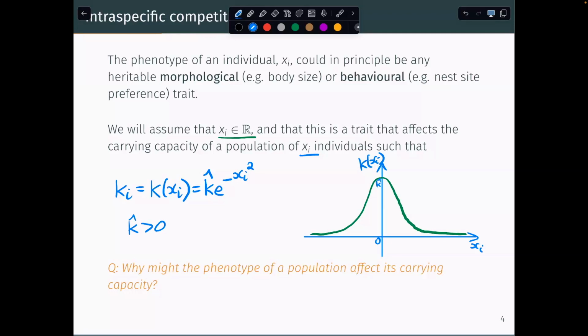I've arbitrarily set this to be 0. This phenotype here could also just be translated somehow. This could correspond to some environmental properties. Let's think of something. Maybe this is a spatial location along some kind of gradient.